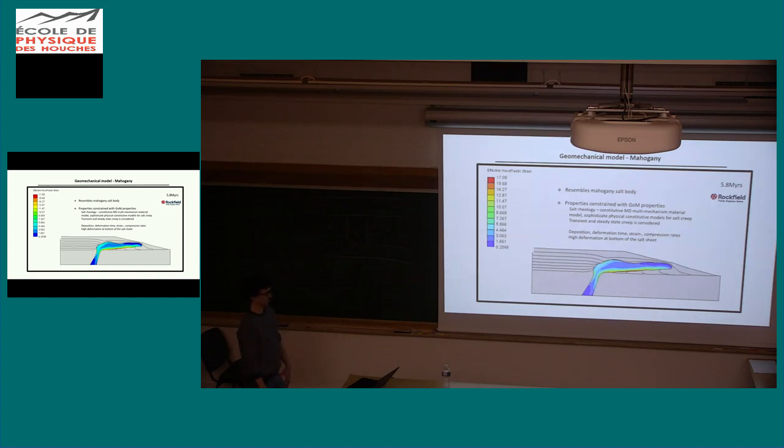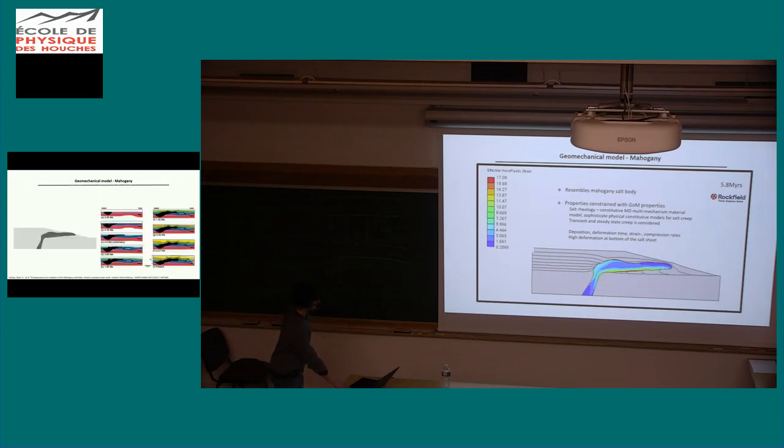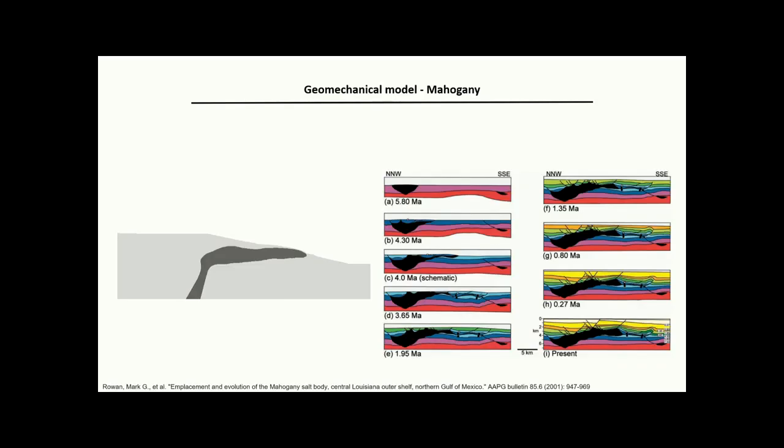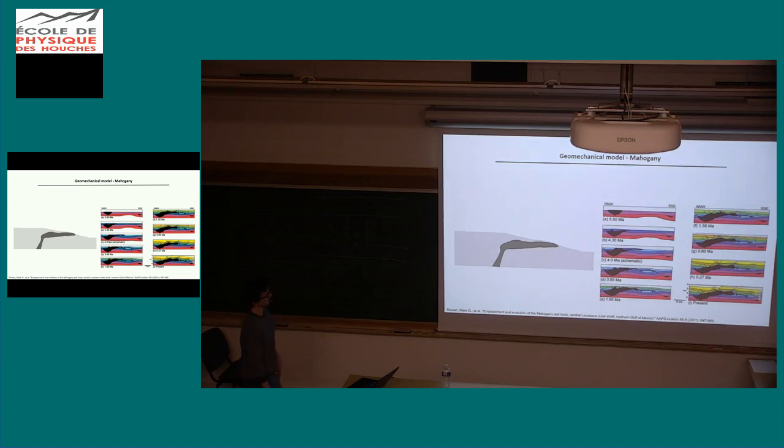The Mahogany salt body is effectively an advancing salt sheet, and we picked up the geometry from a seismic restoration paper by Mark Rowan. I show you a picture of them on the right side there.